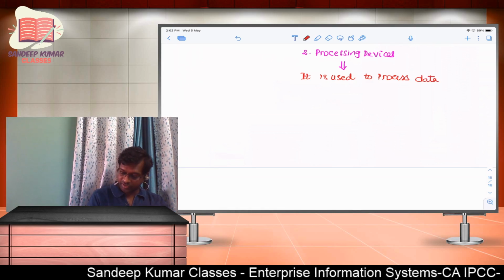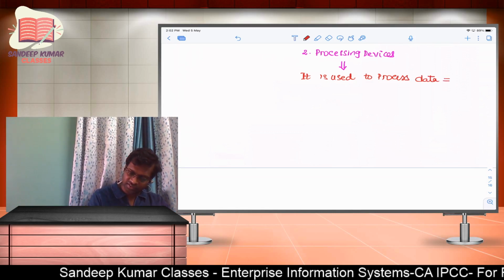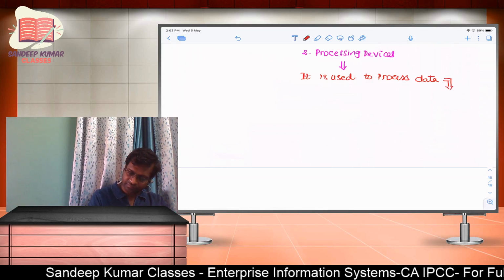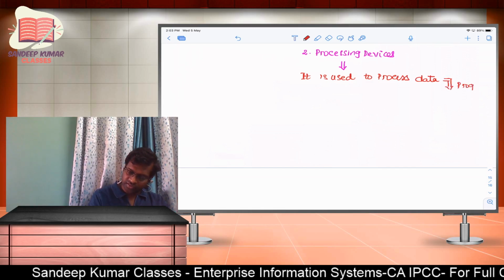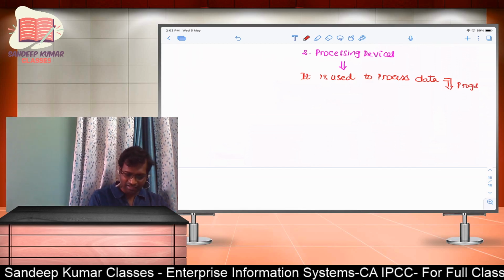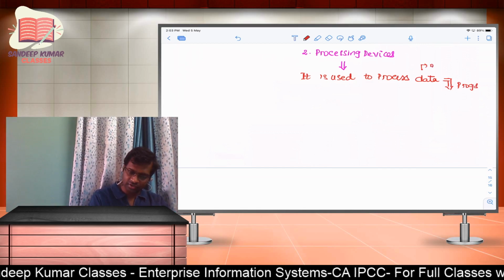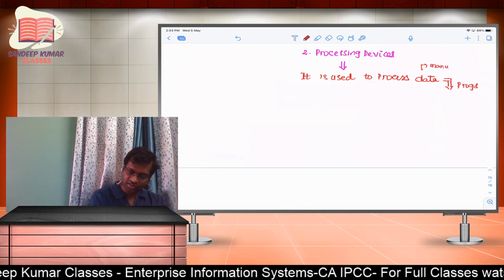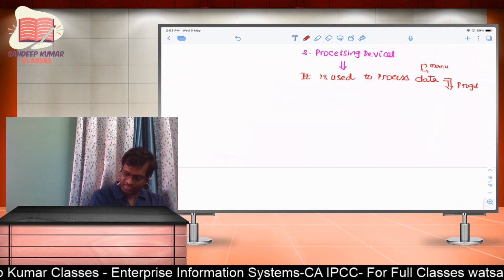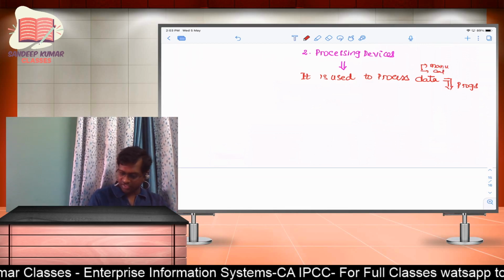How does it process? It uses certain programs to process the data, to manipulate the data, and to calculate the data, using certain programs.